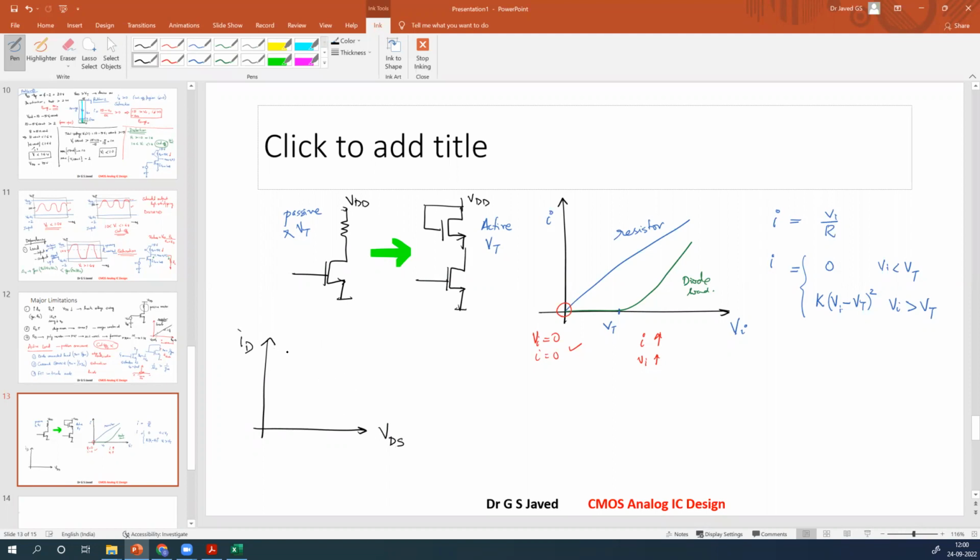As your output voltage VDS is lower, your I will be high, and as your VDS goes up, your I will reduce. Now this one for a diode starts from 0. The moment it hits Vt, it will fix and stay there. Now this value of ID and VDD is now your load line, the quiescent point for this transistor operation.